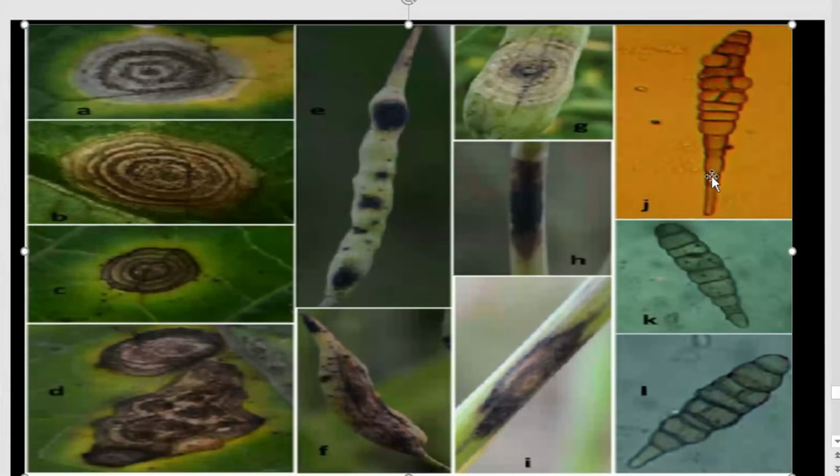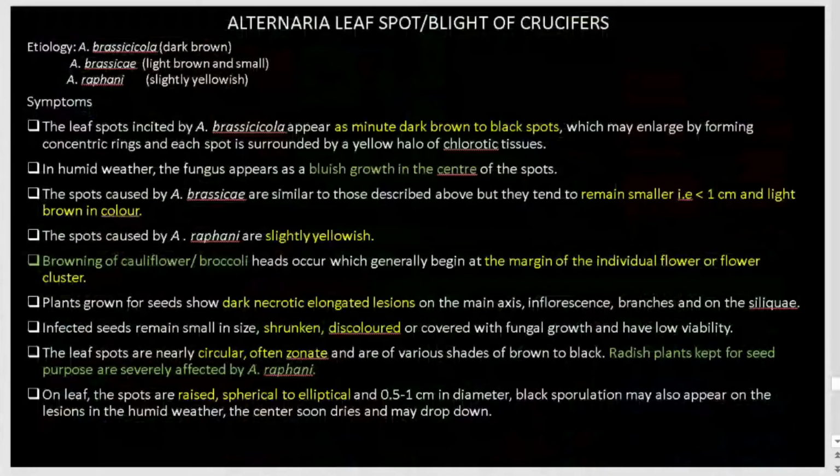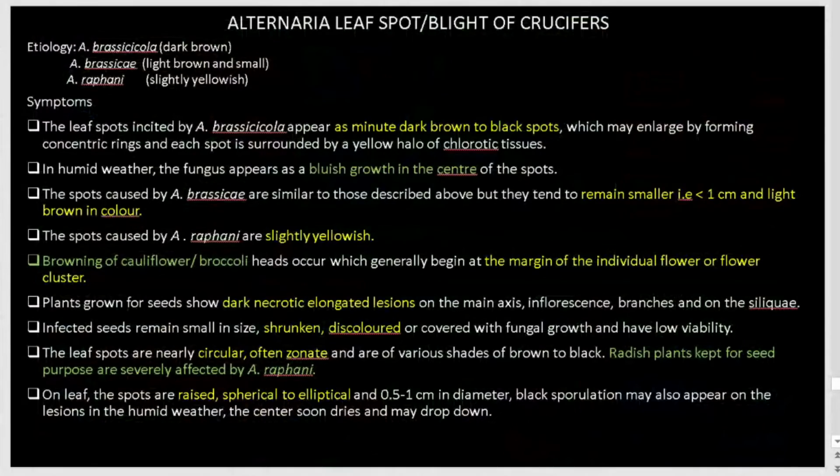So these are symptoms on the mustard. Alternaria leaf blight of mustard or broadleaf mustard. Rayo mustard mite is a very important disease, particularly on the seed crop. So you can easily identify them.